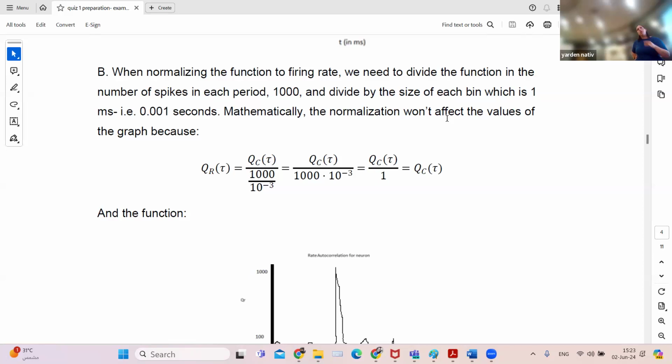So is it just dividing by 1,000? No, it's not divided by 1,000.